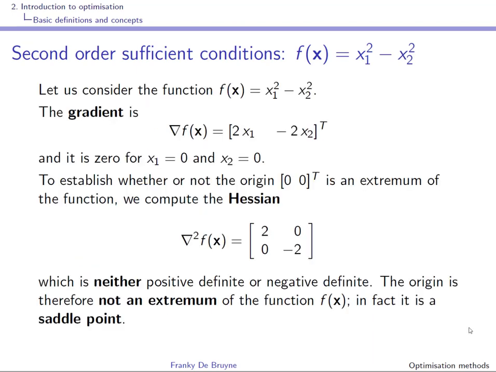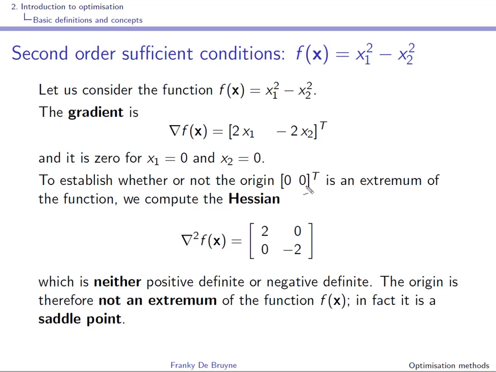Well, we can do another exercise with a function that is very similar, except that we have a minus sign over here. If we compute the gradient, this will produce a minus sign over here, and if we compute the Hessian, it will produce a minus sign over here. But the origin is still a critical point.